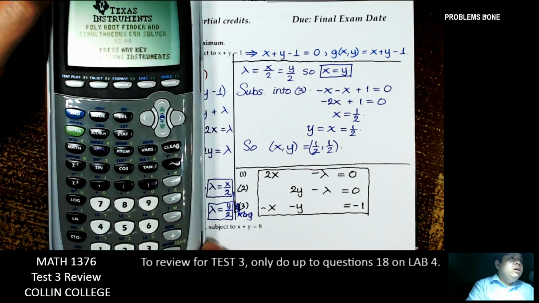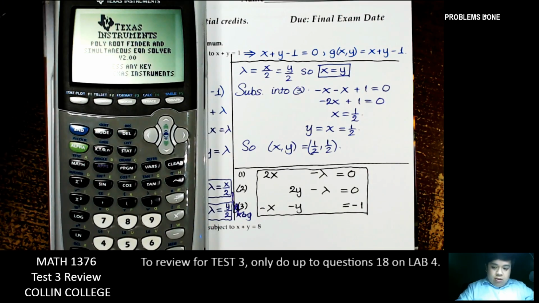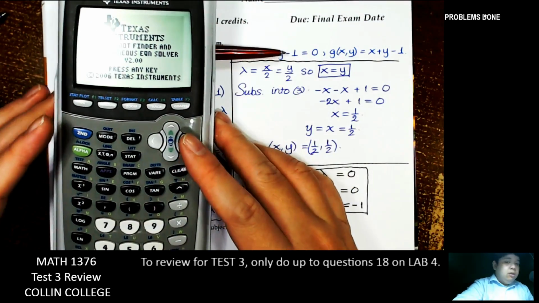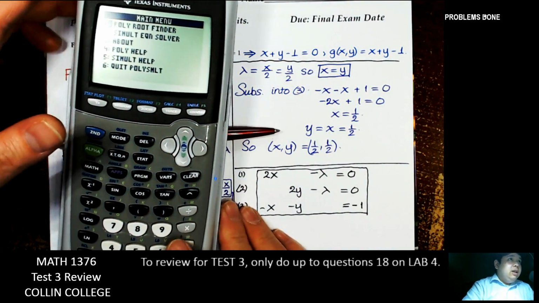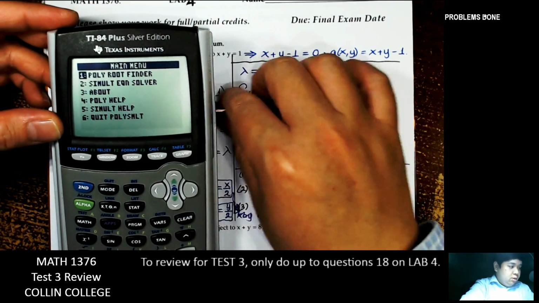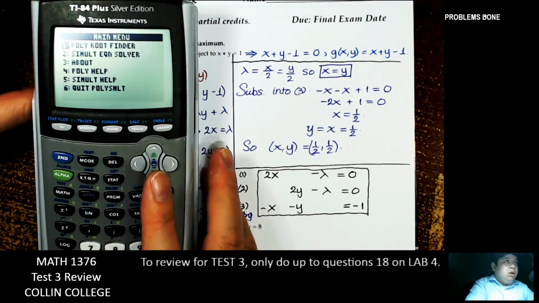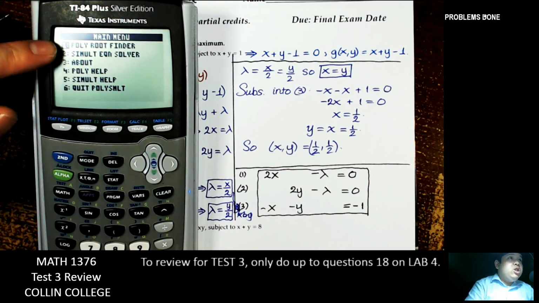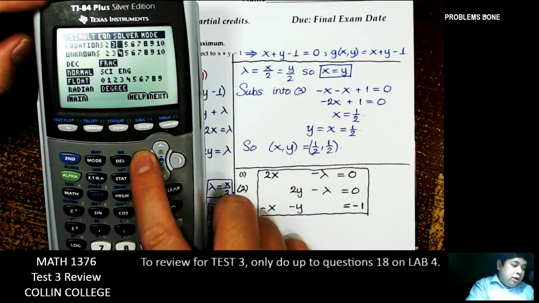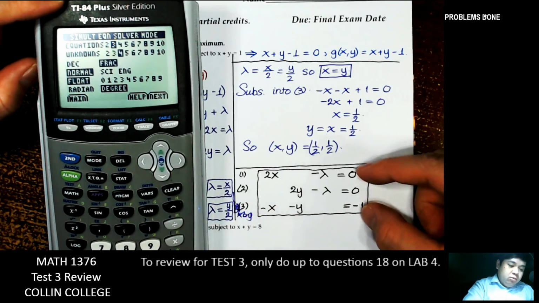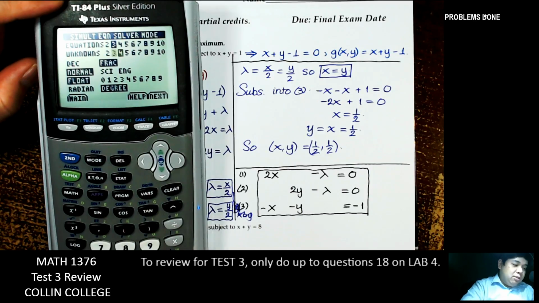If we have this app, just hit enter. We will choose option number 2, simultaneous equation solver. We have 3 equations and 3 unknowns: x, y, and lambda.